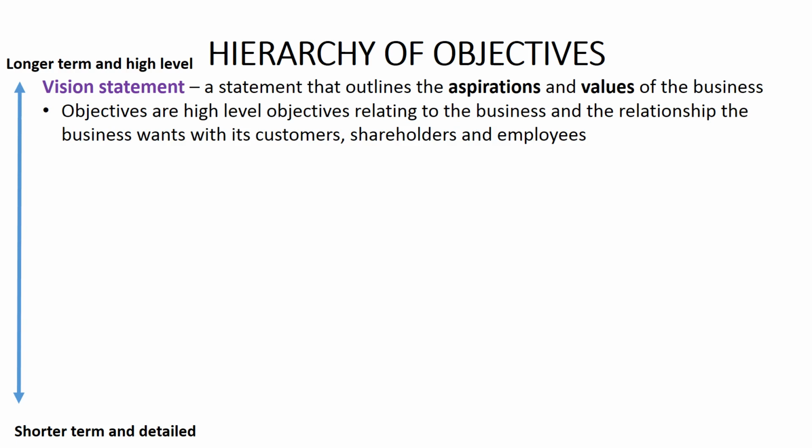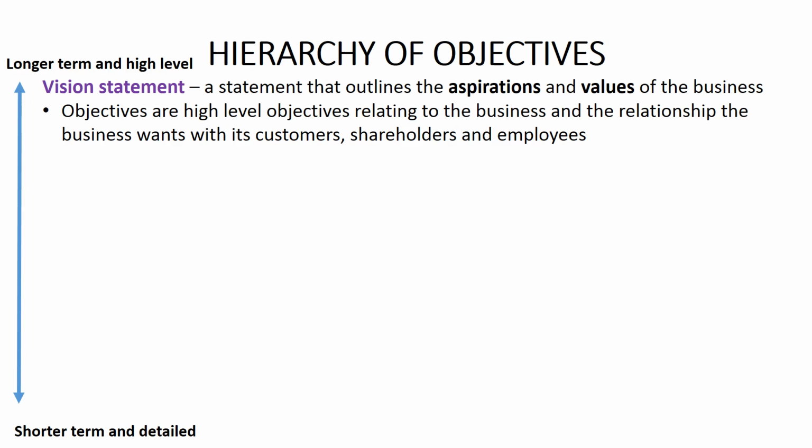Correspondingly, the objectives which are set out in a business's vision statement are high-level objectives that relate to the business and the relationship that the business wants with its customers, shareholders and employees. And in that dot point, you have a description of the nature of the objectives in a vision statement, which you can include in the third column of the table in your summary books.